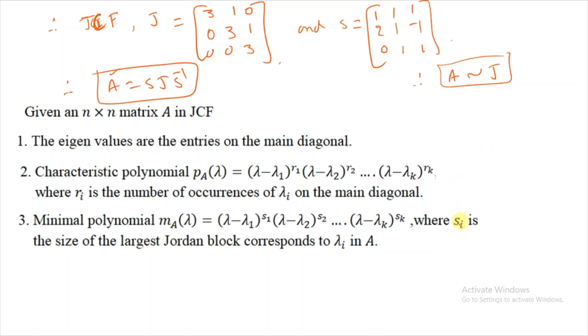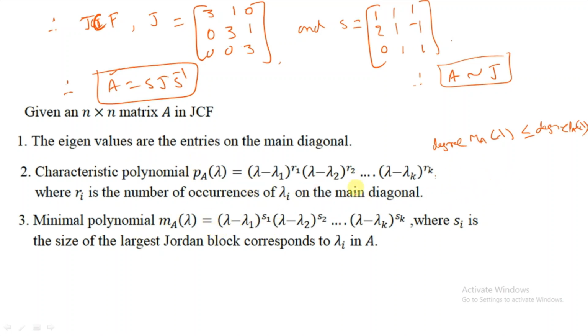Now the minimal polynomial. The minimal polynomial is also a polynomial. The degree of the minimal polynomial is less than or equal to the degree of the characteristic polynomial, and the roots of the characteristic polynomial and the minimal polynomial are the same.